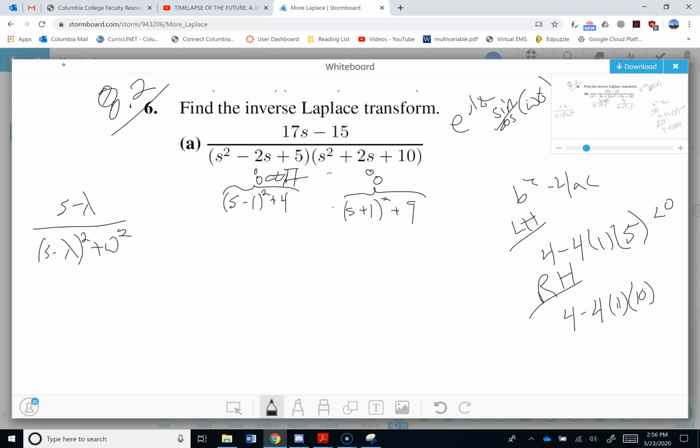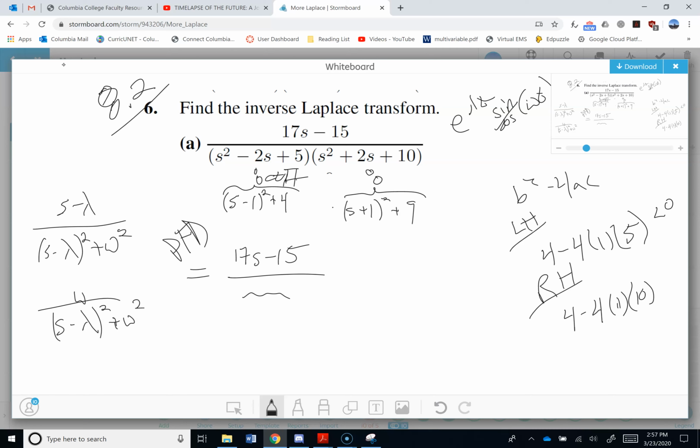So if I'm going to set up a partial fraction decomposition, which is spelled P-F-D, so if I'm trying to set up PFD for this, I'm going to set this as 17s minus 15 over my stuff, is going to equal, and then I need to set it up thinking about it this way.